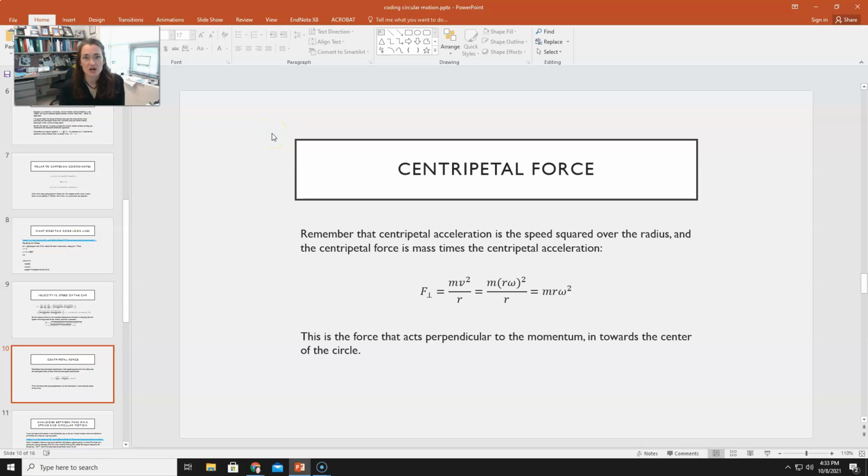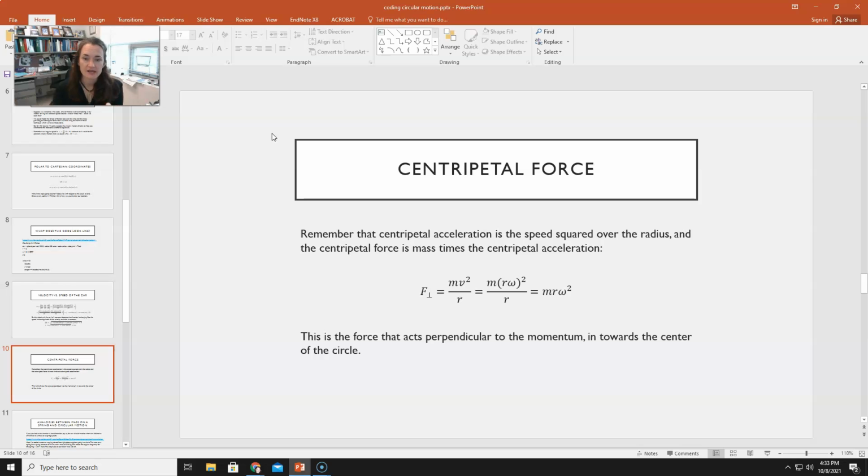Now remember, we've been talking about F parallel and F perp, okay? We said that F parallel is responsible for any angular acceleration, and F perp is the centripetal force. So since we've kind of wrapped our head around the stuff for constant velocity motion, or constant speed motion, I can write my value for my centripetal force, and I can do it interchangeably in terms of the familiar way, which we've already discussed in a previous lecture, m v squared over r, so that's our centripetal force, or I could plug in v is equal to r omega, okay?